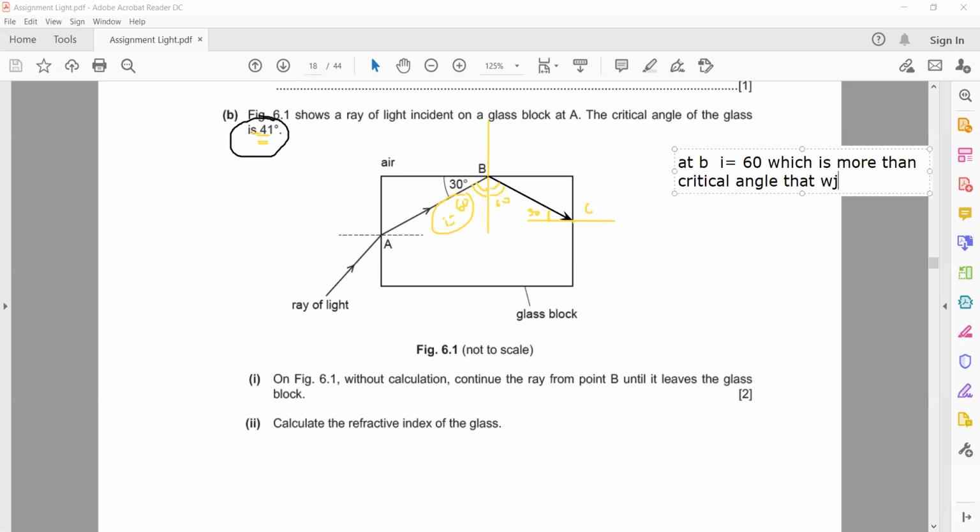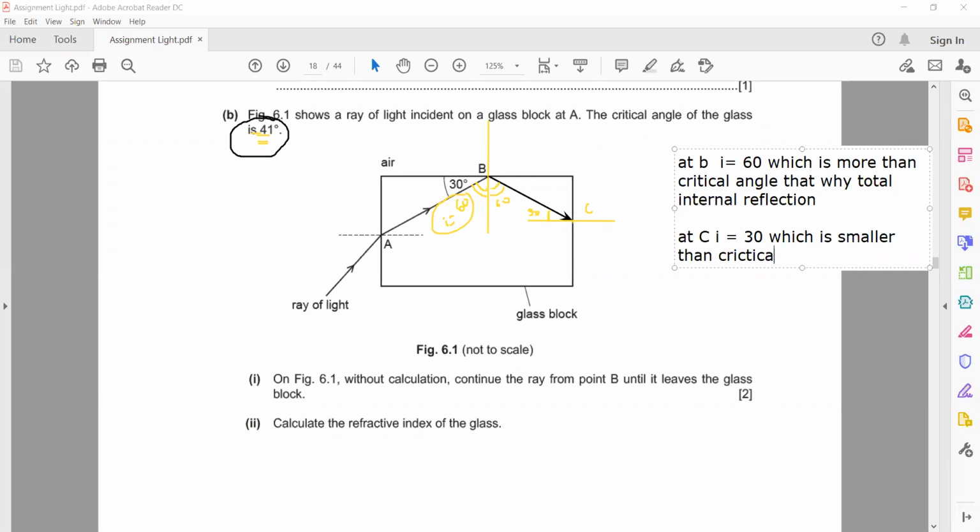That is why total internal reflection occurred. But what happened at C? The angle of incidence is equal to 30, and the critical angle is 41, which is smaller than the critical angle.